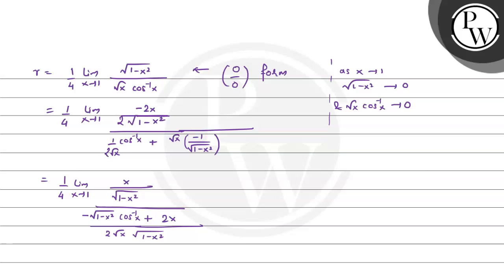Now we see that square root of 1 minus x squared and square root of 1 minus x squared can be cancelled out, because x goes to 1 but x is not equal to 1.